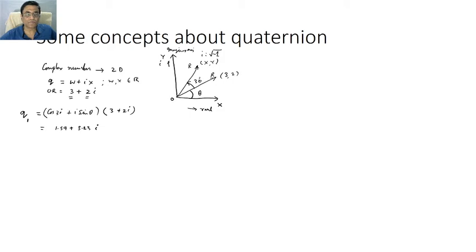Okay, so just by multiplying this complex quantity with the given complex quantity, you can generate x, y. So x will be 1.59, y equal to 3.23.